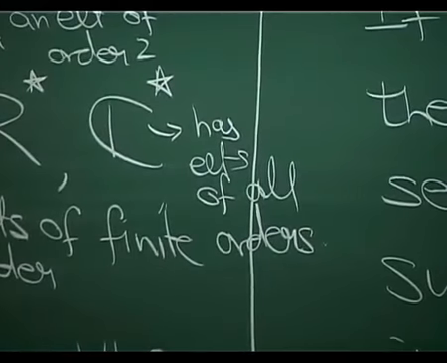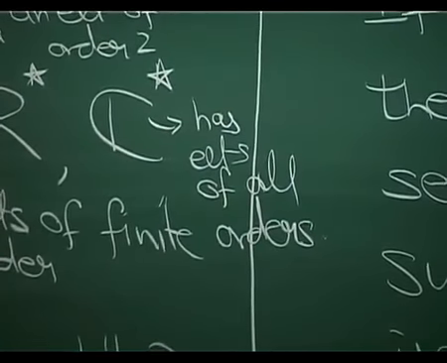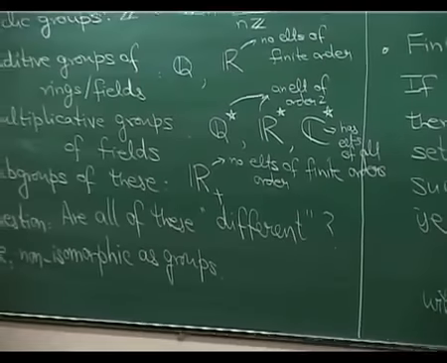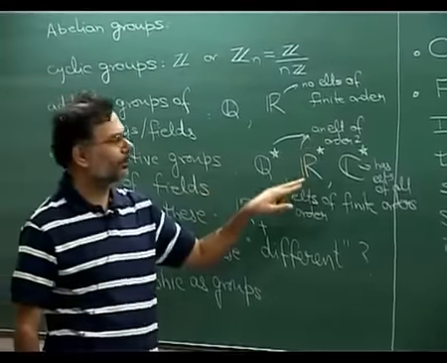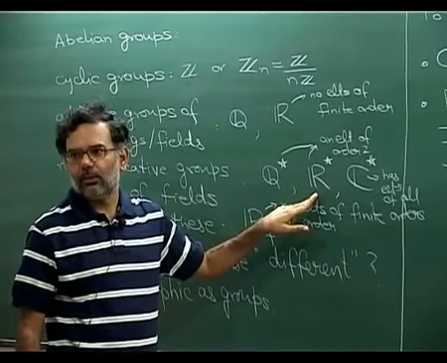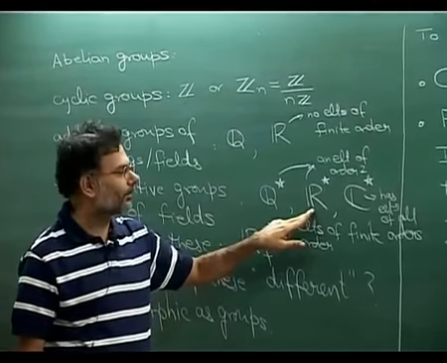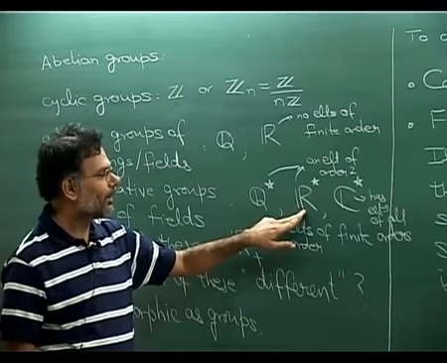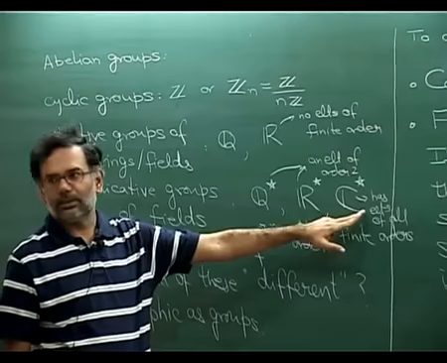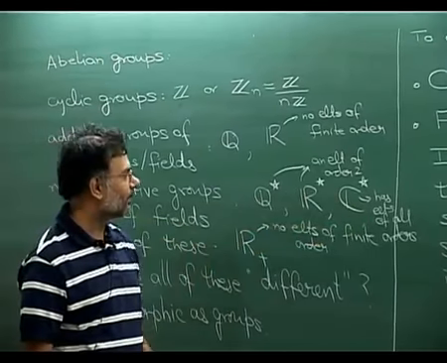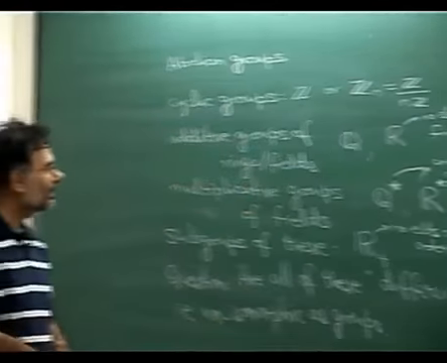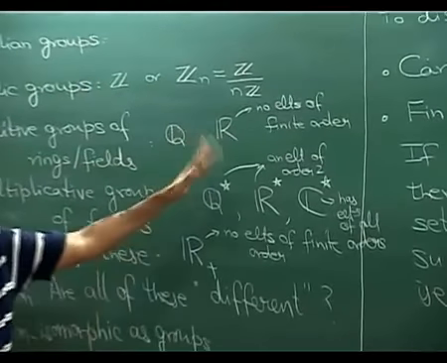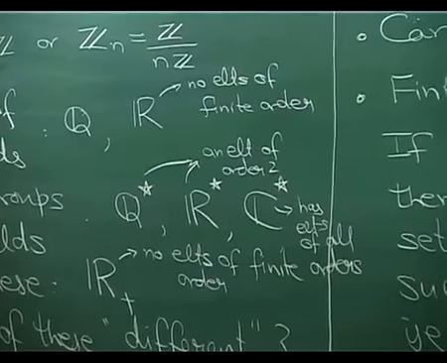Okay. So I guess we have distinguished most of them. This has no element of order except 2. R star, you cannot have a cube of something to be 1 unless it is 1 itself. So here there are no elements of order 3, this has elements of order 3, so this is not the same as this. So what only remains to be distinguished is R and R plus, everything else we have sort of separated, they cannot be isomorphic.